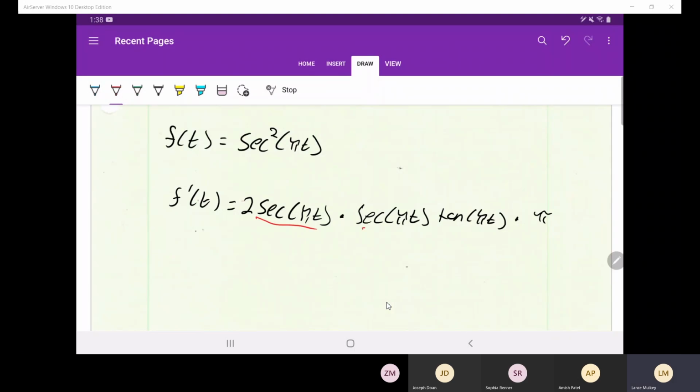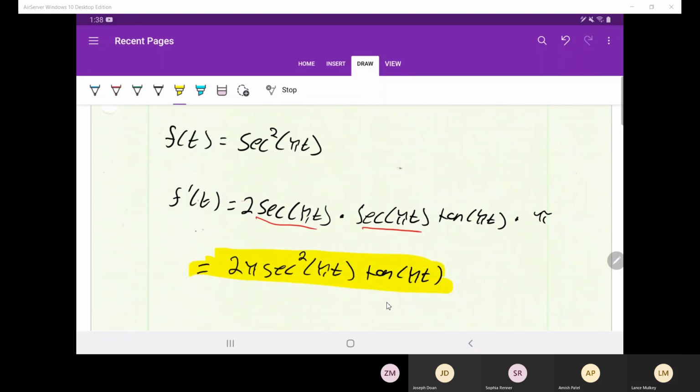These two are the same exact thing. So you end up with 2 pi times secant squared, because they're multiplied together, times tangent of pi t. Everyone follow along right there?